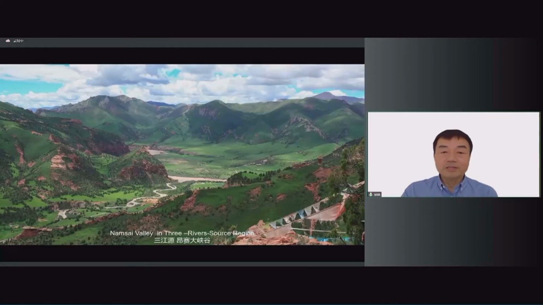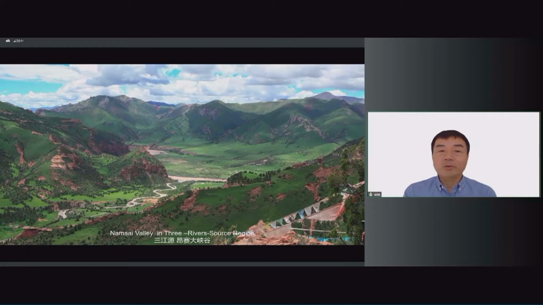This is the Sanjiangyuan valley. Sanjiangyuan is the first Chinese national park, which was announced by President Xi Jinping a few days ago. And wow, it's so beautiful in this area.